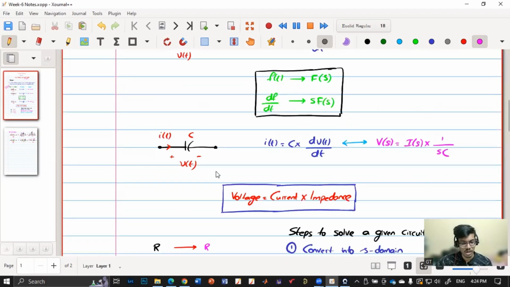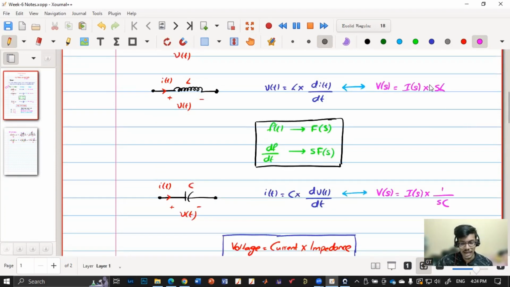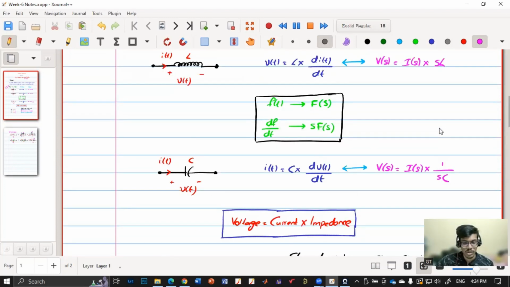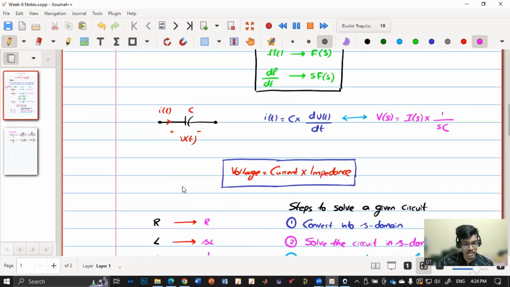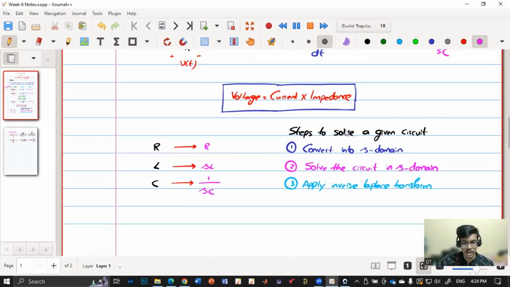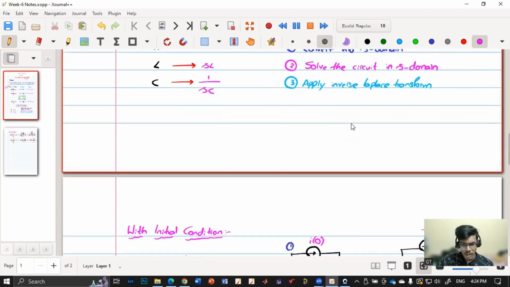We have discussed how RLC can be represented in the S domain, so we'll directly use these results and there is no need to derive them again. It is very simple. Resistor is resistor, inductor is SL, capacitor is 1 by SC. We convert to the S domain, solve in the S domain, then apply inverse Laplace transform to get back to the time domain.